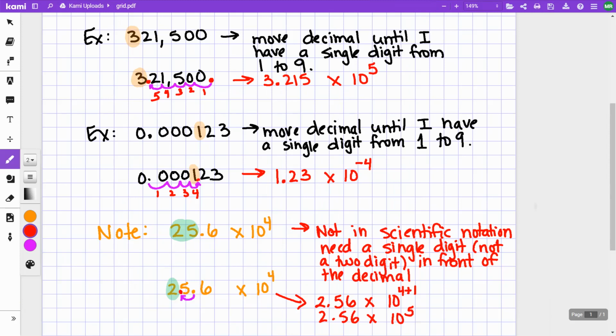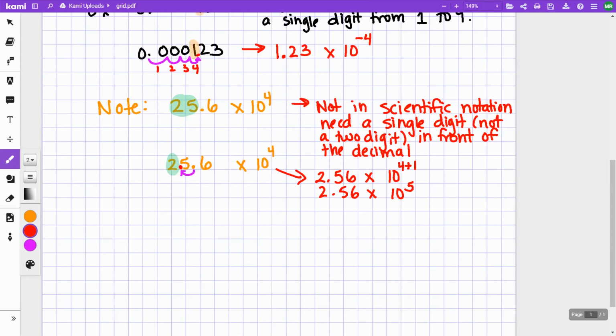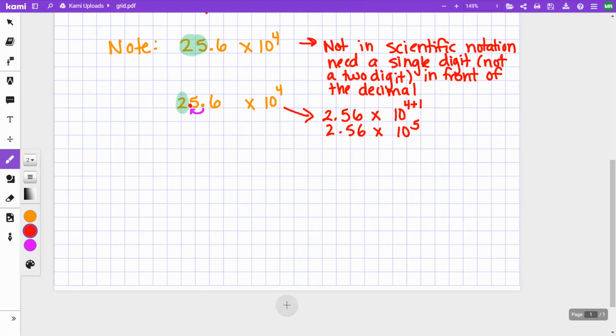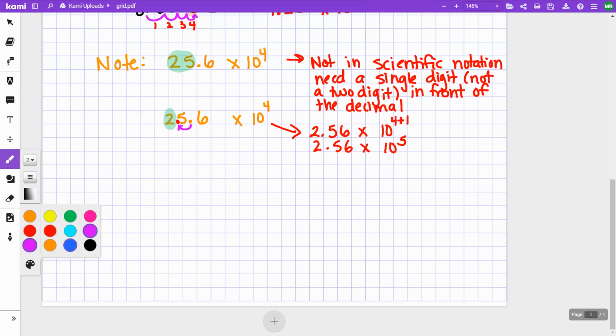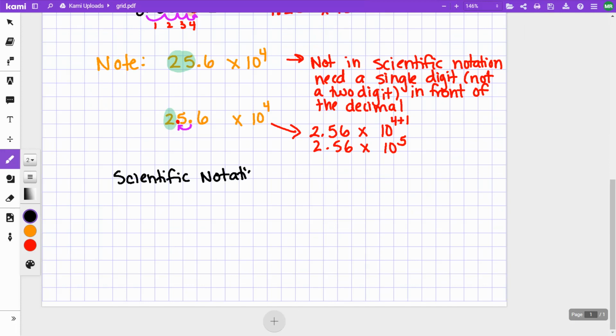Okay, and just so we understand some vocab here, I'm going to write one column with scientific notation, and one column for standard form. Standard form is how we would normally see the number if it wasn't written in scientific notation.